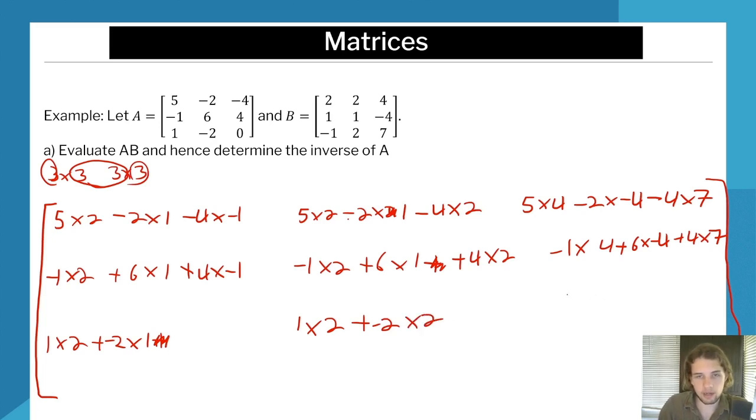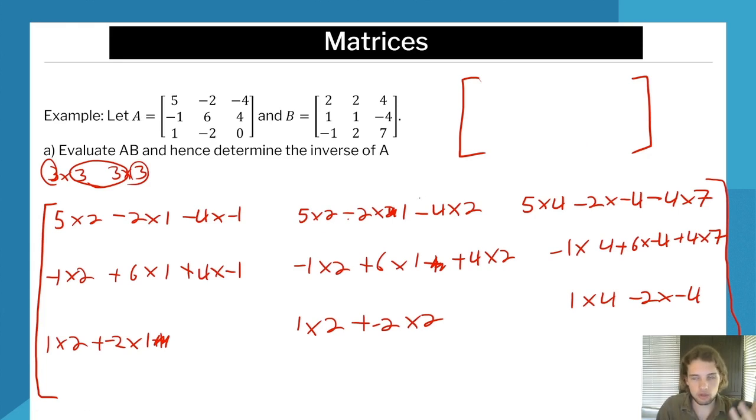And then finally down here we have 1 times 4 minus 2 times minus 4. Now, we're going to try to figure out what this is, and we can assume it's probably going to end up something like an identity matrix, because we are expecting that A times B tells us something about an inverse. So B might have some relation to an inverse.